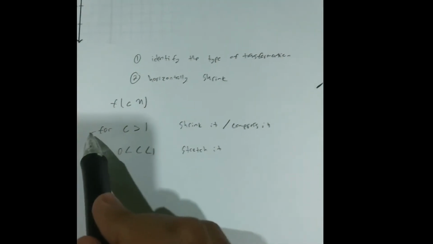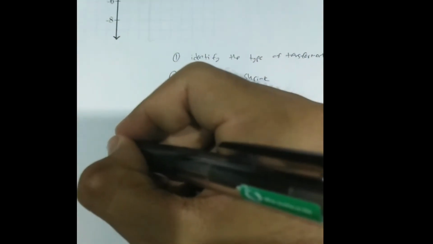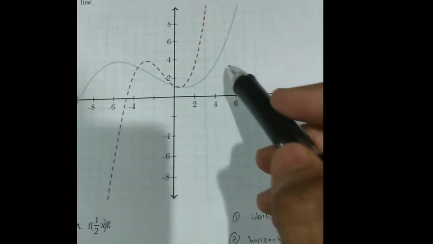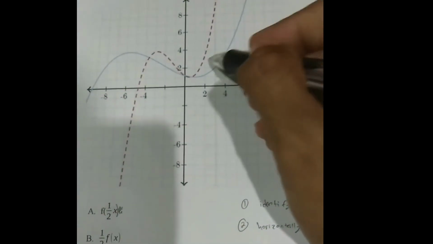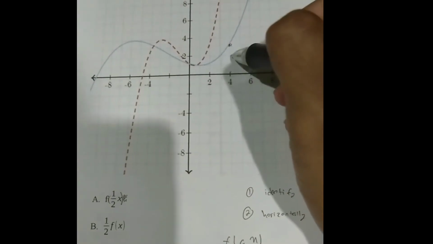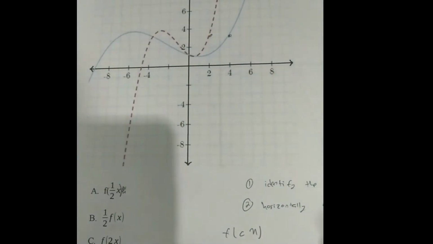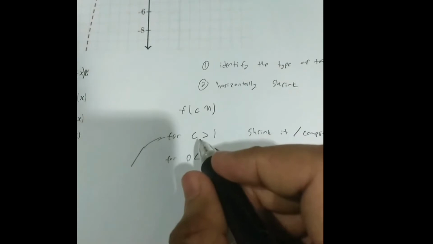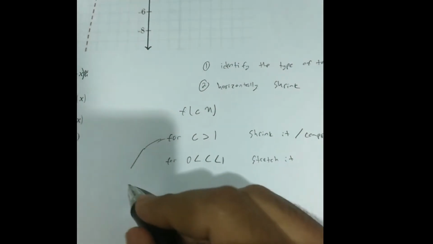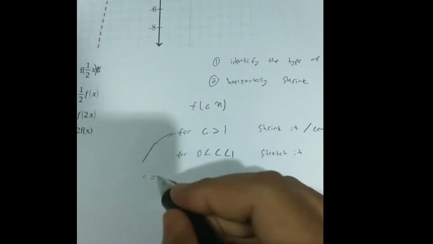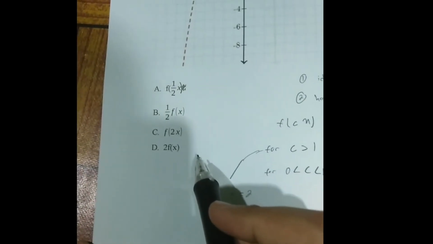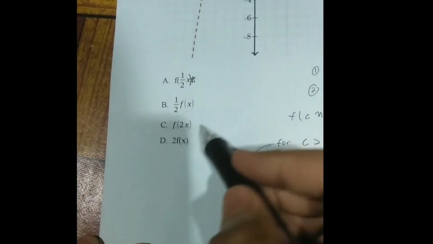So we use this equation, and we take 1 point. Okay, 4. Then the transformed equation becomes 2. So the value of C is 2. So for this question, the answer will be C.